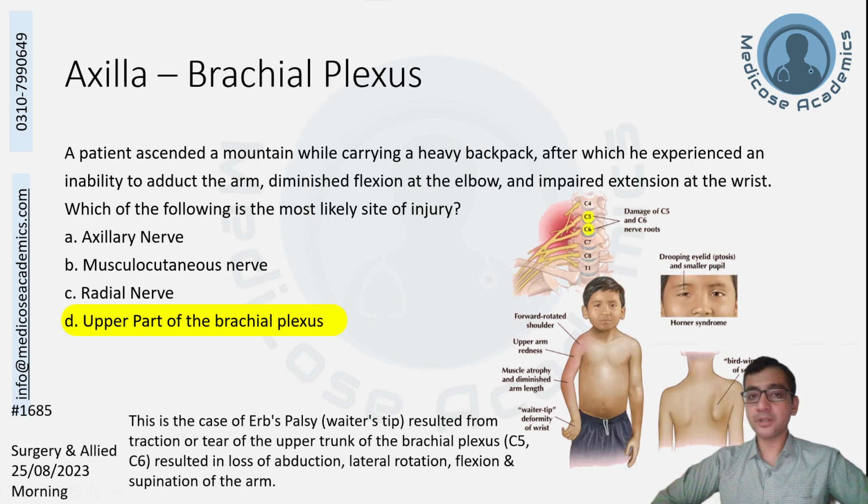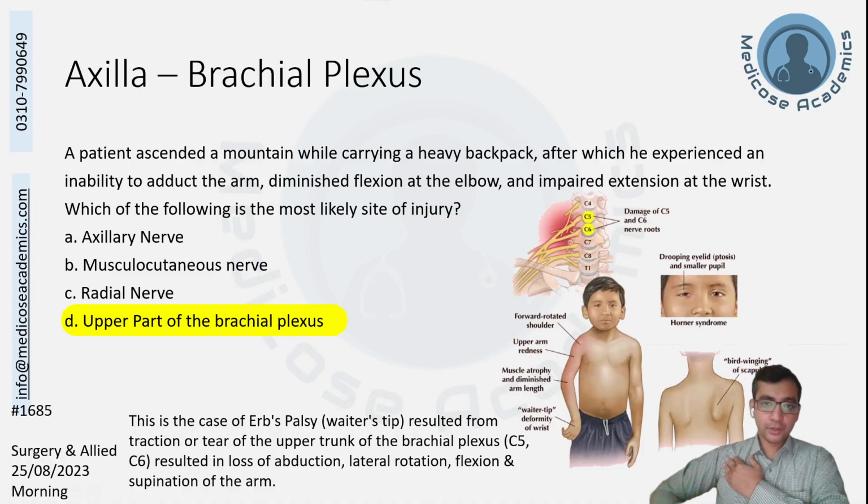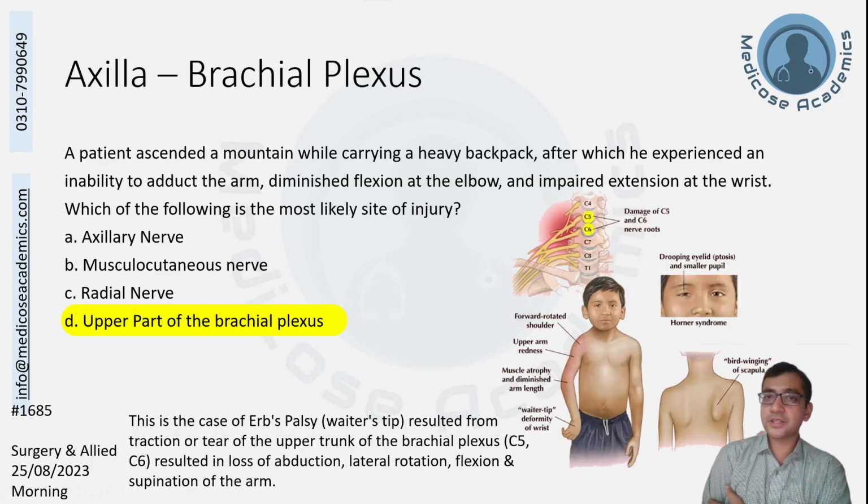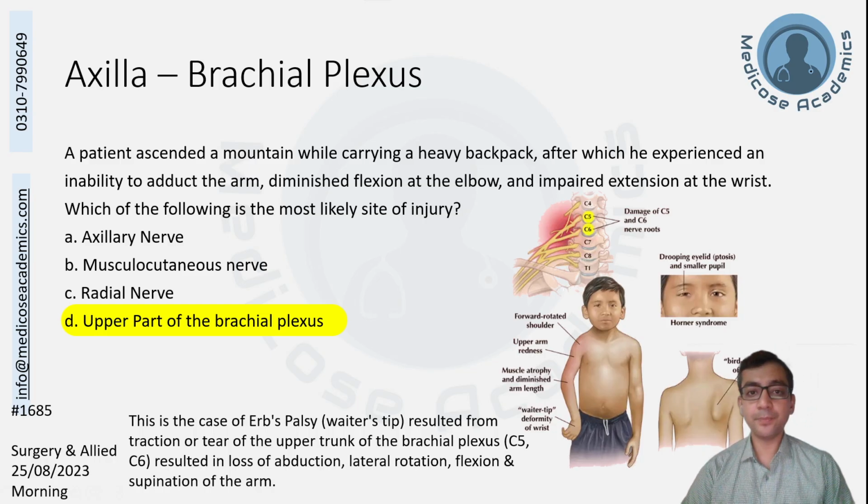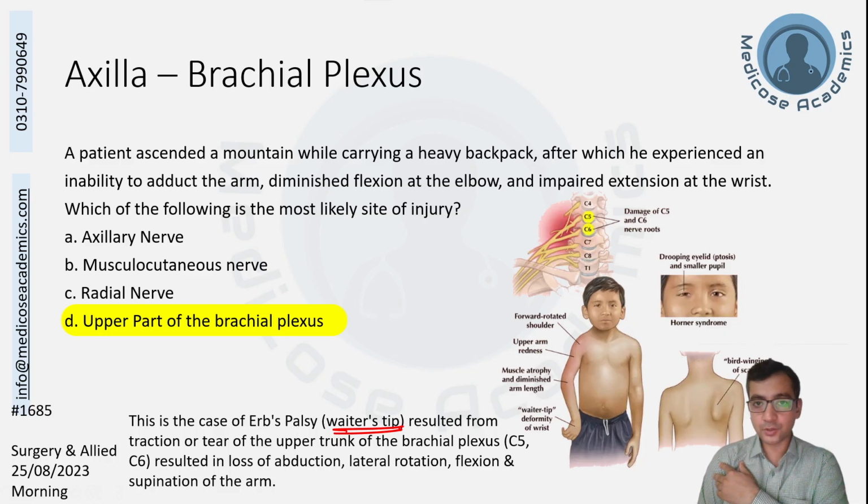You don't need to remember the muscles, just remember the lost movements: abduction and lateral rotation at the shoulder, flexion at the elbow, supination, and extension at the wrist. This gives the waiter's tip or policeman's tip position. Just get your hand in that position as shown by the image and see in what position each joint is.